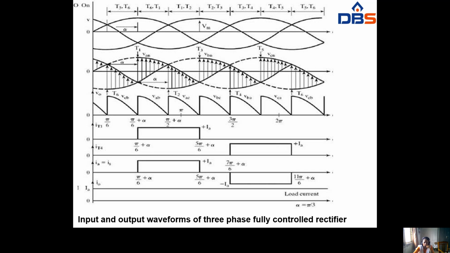At pi by 6, pi by 6 plus alpha, pi by 2 plus alpha, 3 pi by 2 and 2 pi. So here we have to see T6 conducting from pi by 6 to pi by 6 plus alpha, up to pi by 2 plus alpha. After pi by 6 plus alpha, T1 will be conducting.